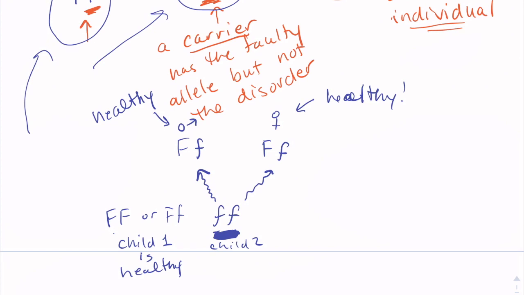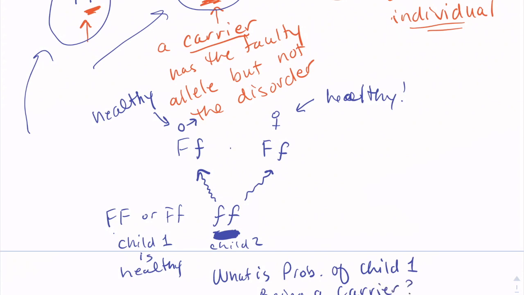Let's look at what the probability is for child 1 being a carrier. What is the probability of child 1 being, I almost wrote character, a carrier?